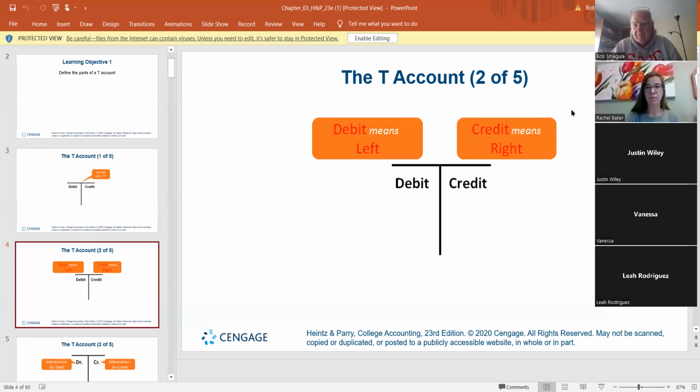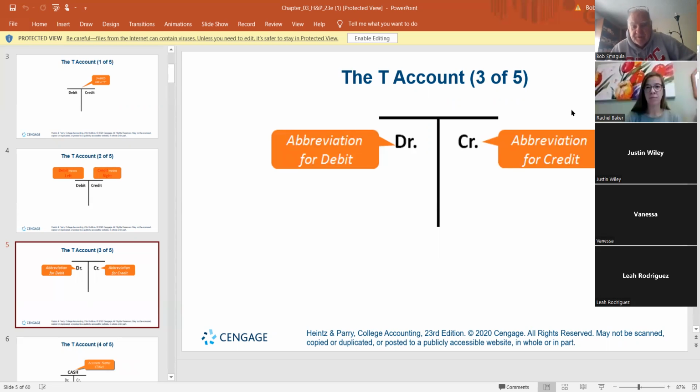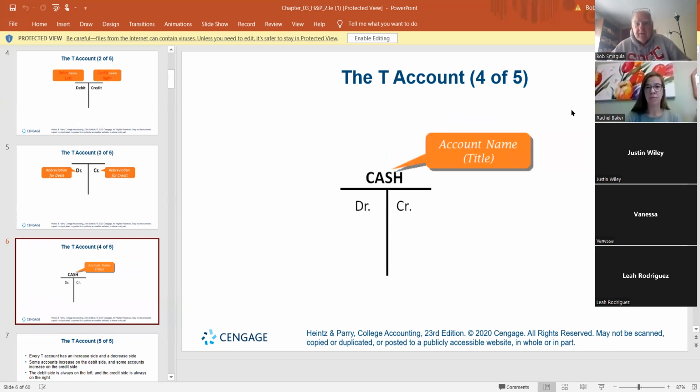You're going to have a T account for every single item in your chart of accounts. DR and CR are abbreviations for debit and credit. You're going to have one for cash, and you'll look in your general ledger and there it is. You'll see cash, and on the left, a bunch of numbers under the debit side and a bunch of numbers under the credit side.